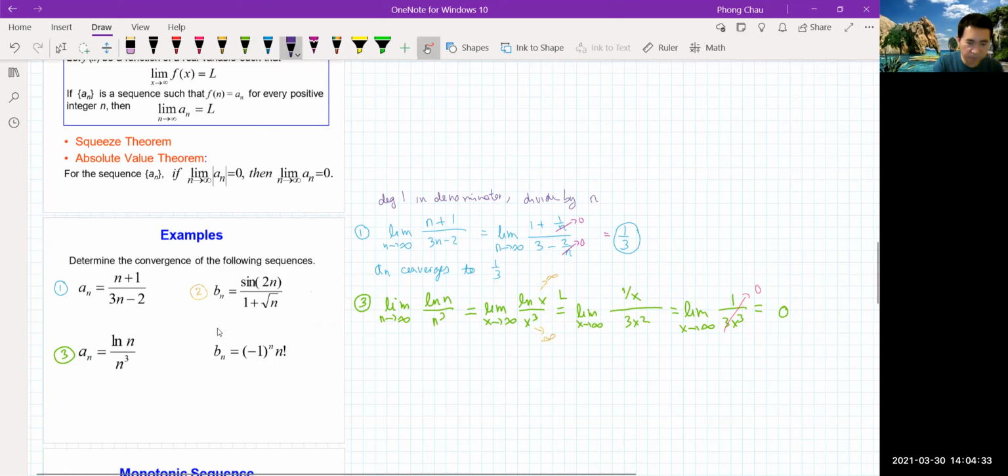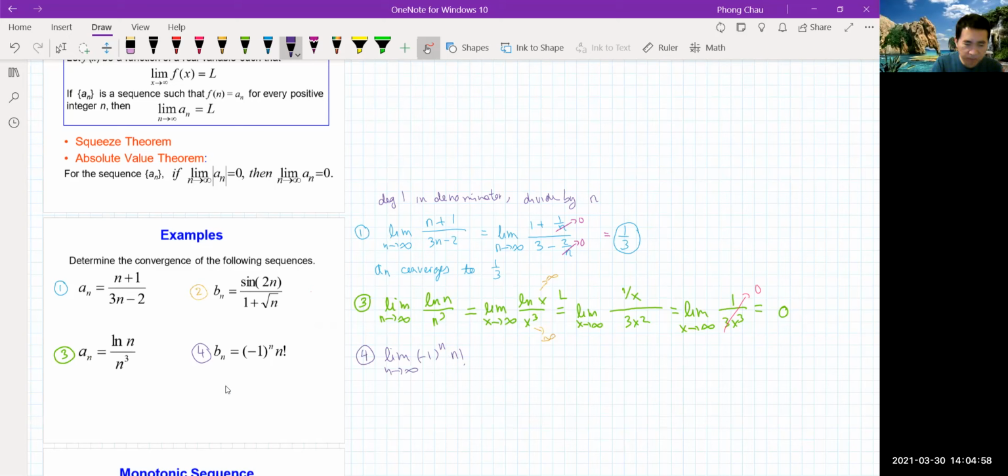Now you look at number 4. Last one here, you take the limit of negative 1 to the n times n factorial as n approaches infinity. Now that one, what happens when n goes to infinity? I don't have the fractions here.